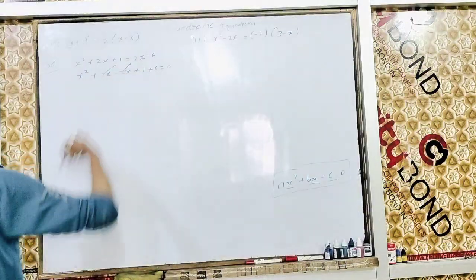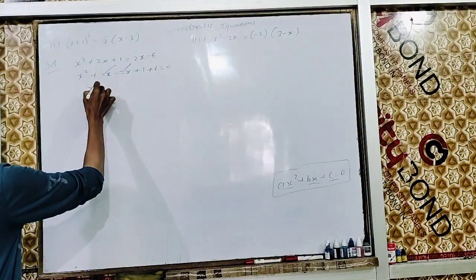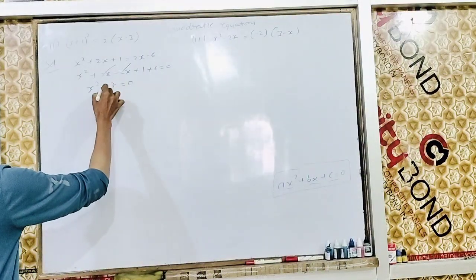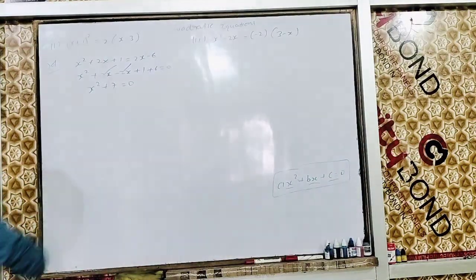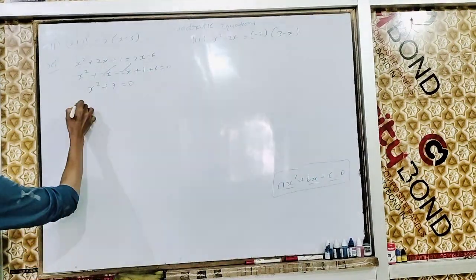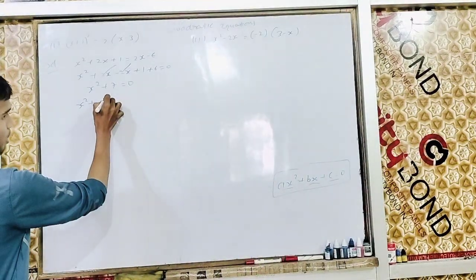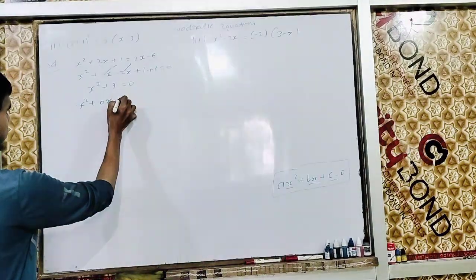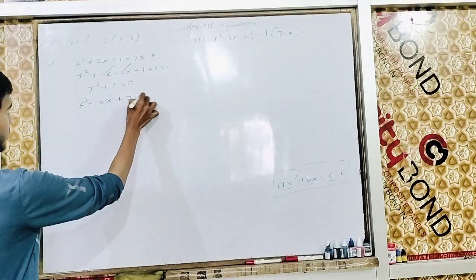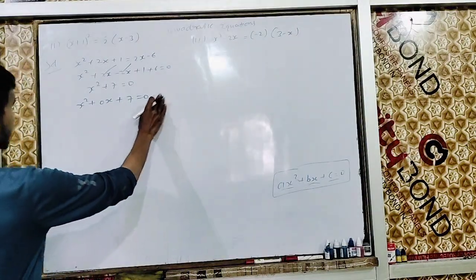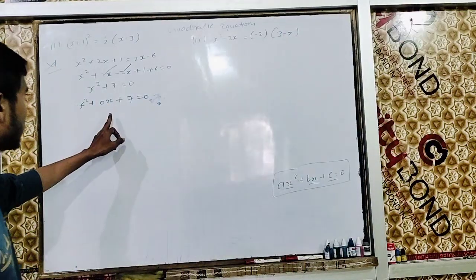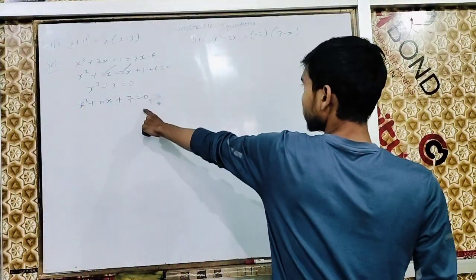This is cancelling with this, and here we got x square plus 7. Can it be written as x square plus 0x plus 7 is equal to 0? Can it be written like that?